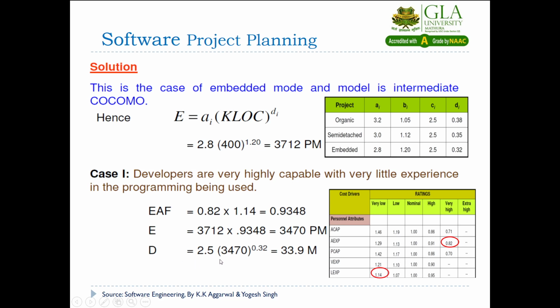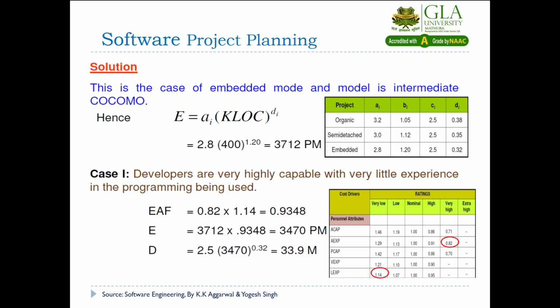So there will be 3470, and you take the C value 2.5 and D value 0.32 from the development table. With the help of this you will compute 33.9 months.